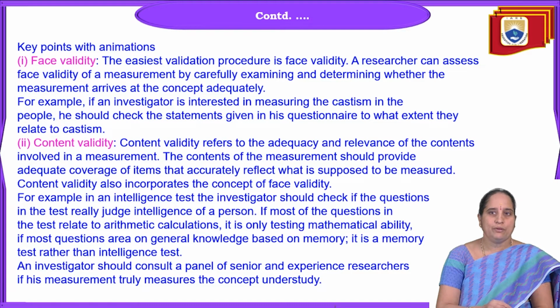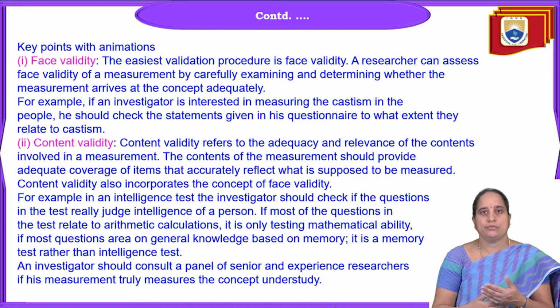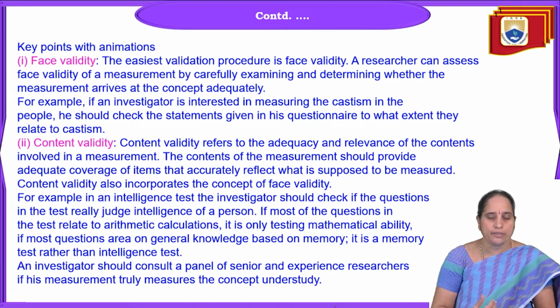For example, if an investigator is interested in measuring casteism in people, then he should check the statements given in his questionnaire, up to what extent they relate to casteism. Everything should be clearly mentioned in the questionnaire. Based on that, we collect the information from the target group of respondents.